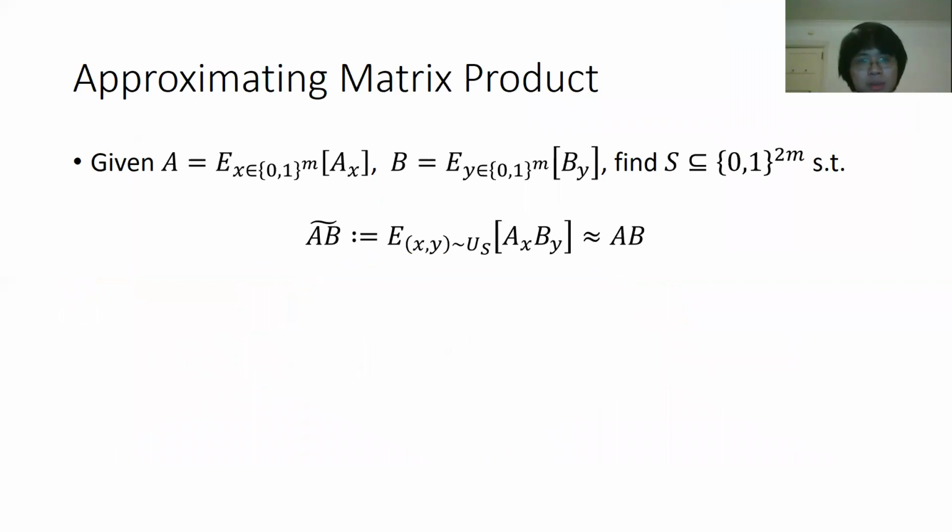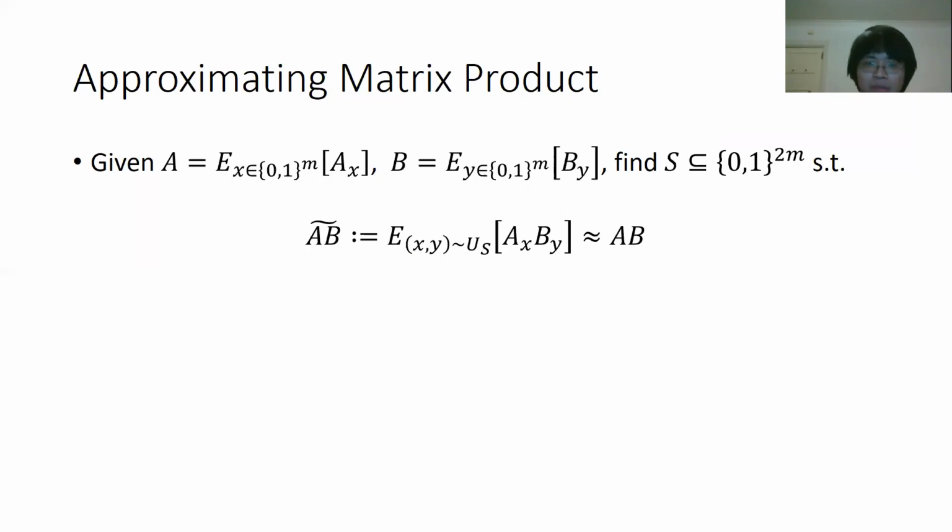So now we focus on how to approximate the matrix product. Suppose we are given a matrix A, which is the average of some matrices AX, and also B, which is the average of some matrices BY. What we want to do is find some pairing of X and BY such that the average of these products is a good approximation of AB.